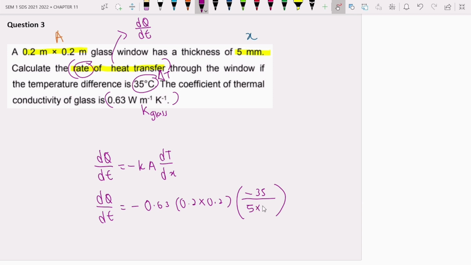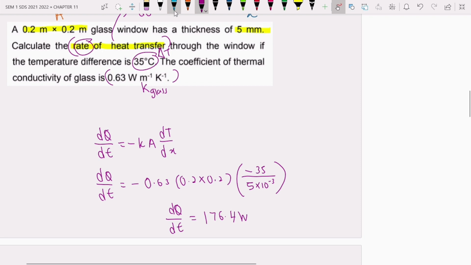We change it into meters, so 5 times 10 to the power of negative 3. And you press your calculator, you will get the rate of heat transfer as 176.4 watts.